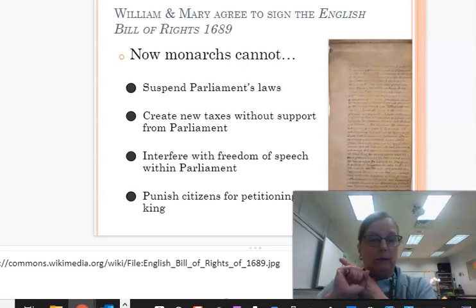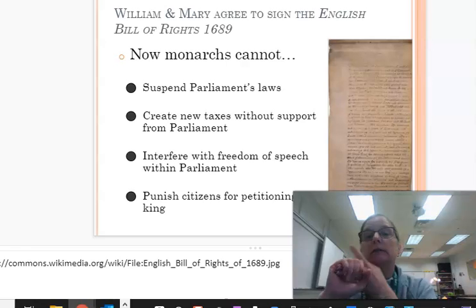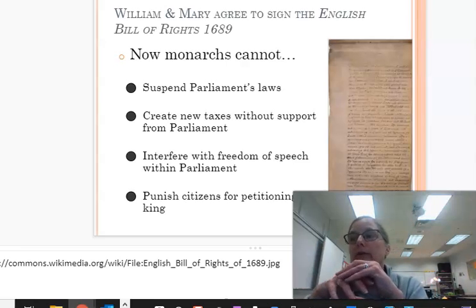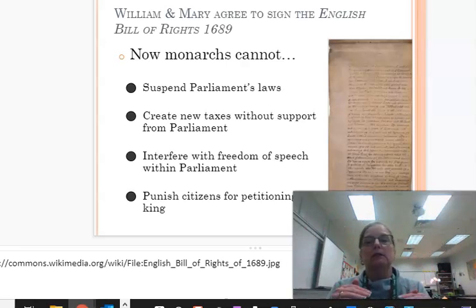King can't, back to the taxing issue, there's freedom of speech in England. There's a right to petition in England. You're also going to get the right of Protestants to bear arms. We're going to look at this next class, but what you're going to see is a lot of things in the English Bill of Rights are going to be influenced in the American.